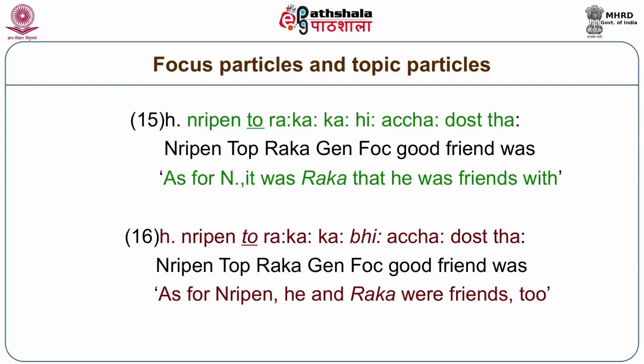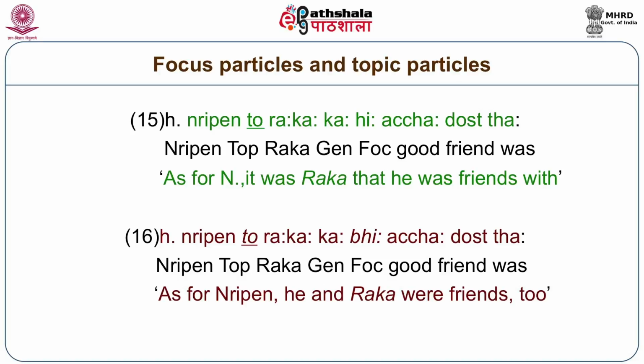Thus, example 15 in the Hindi version, 15H, H for Hindi Urdu, is Nripen to Raka ka hi acha dost tha, meaning as for Nripen, it was Raka that he was friends with. It comes out in Bangla as Nripen ke to Raka hi bhalo chinto. As for Nripen, it was Raka who knew him well. In both the Hindi and the Bangla example, Nripen to is the topic, marked by the topic marker to. It's in the background but is waiting in the wings to be connected to the foreground.